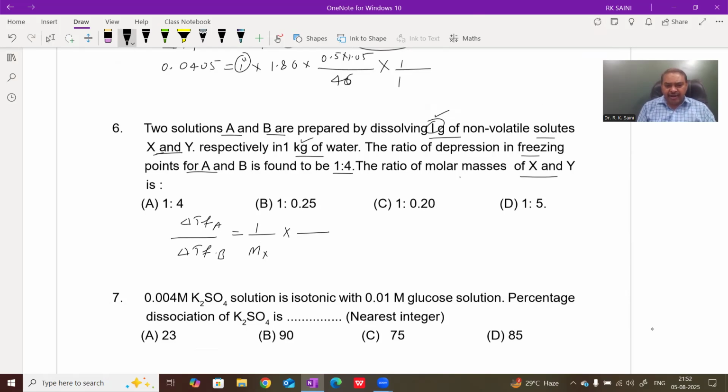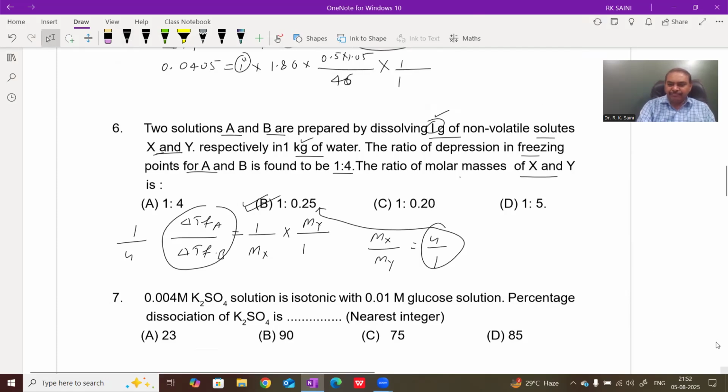Divide by 1 gram of solute Y and its molar mass is My. This value is given 1:4. It means the ratio of their molar mass is 4:1. And the 4:1 also write this.